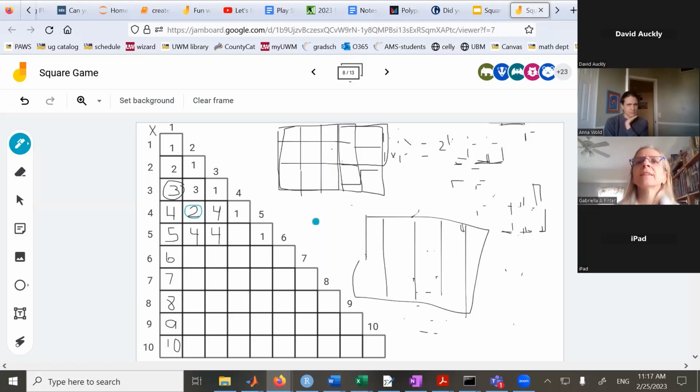Agreed? Is that okay? Because if this is 2, this is 4. Player 2 is going to draw in a 2 by 2, and then player 1 can draw in a 2 by 2 and finish the game.